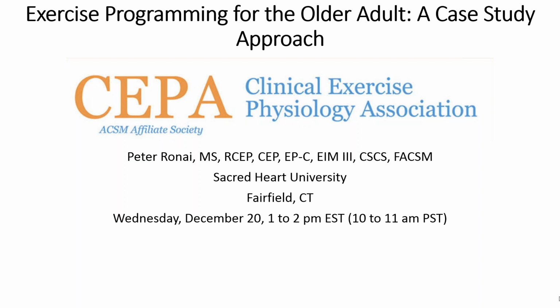So, as Dr. Warner mentioned, we're going to spend a little time talking about some exercise testing and programming principles for older adults, and we're going to use a case study approach.